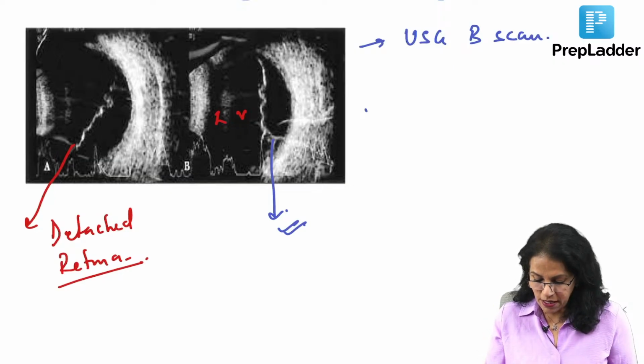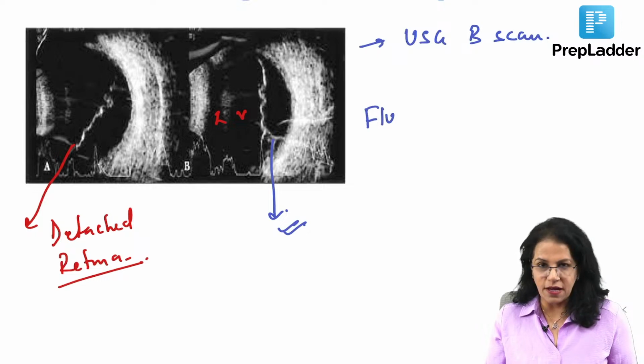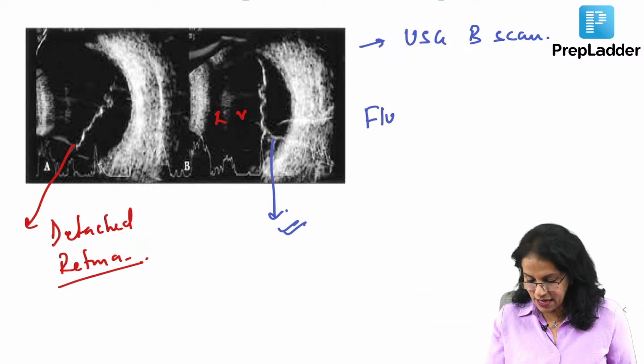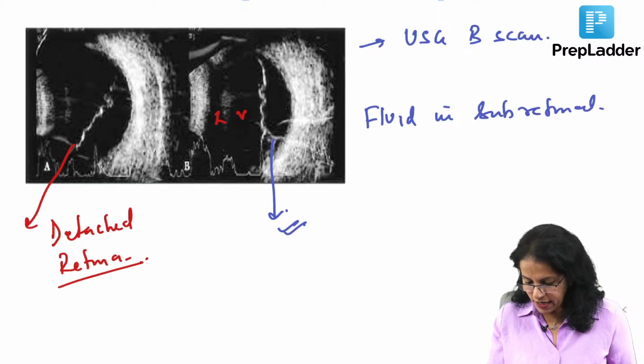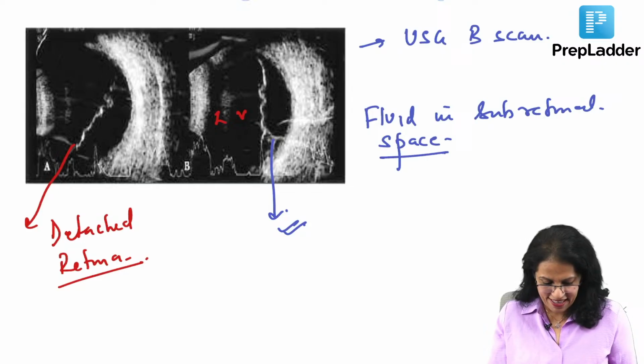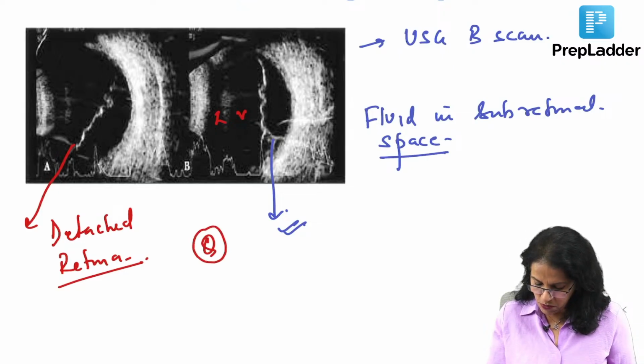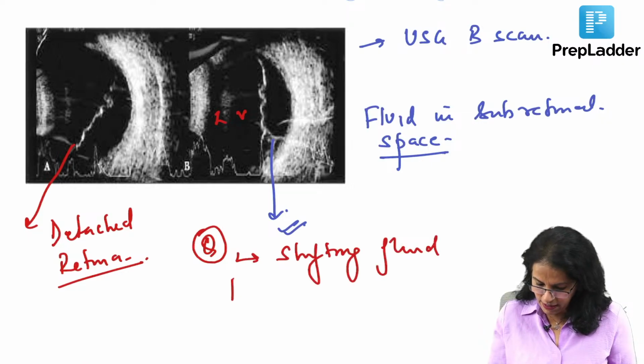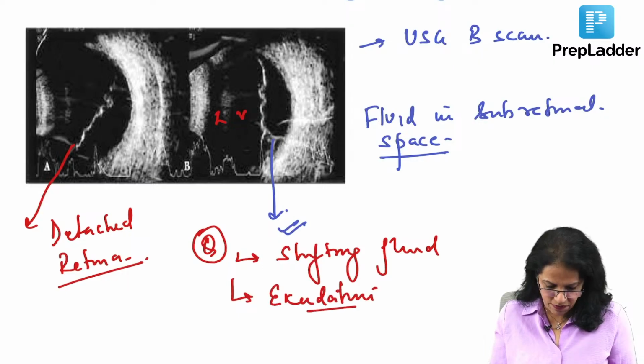We all know retinal detachment is detachment of the RPE from the neurosensory retina. This fluid in the subretinal space is mobile, shifting fluid. So this is which type of RD? This is an exam question, we will pick up cues only. Because we are looking at shifting fluid, this is exudative retinal detachment. Awesome. Many of you are answering. Very good.